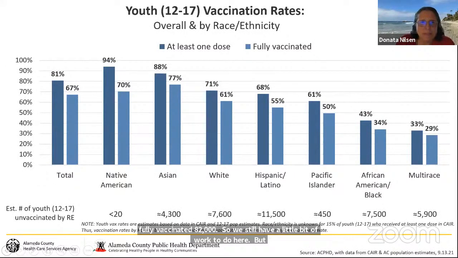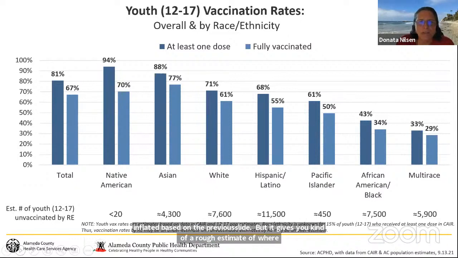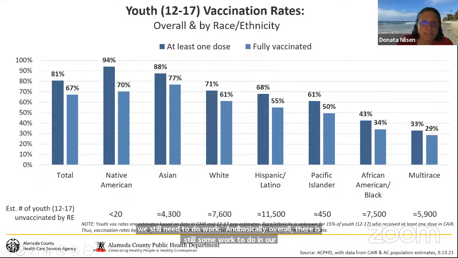So this is an approximation of the numbers of unvaccinated by race ethnicity. I think these numbers are a little bit inflated based on the previous slide, but it gives you kind of a rough estimate of where we still need to do work. And basically, overall, there is still some work to do in our 12 to 17-year-old population with a Latino Hispanic with the highest rate of unvaccinated based on this graph here. Next slide.